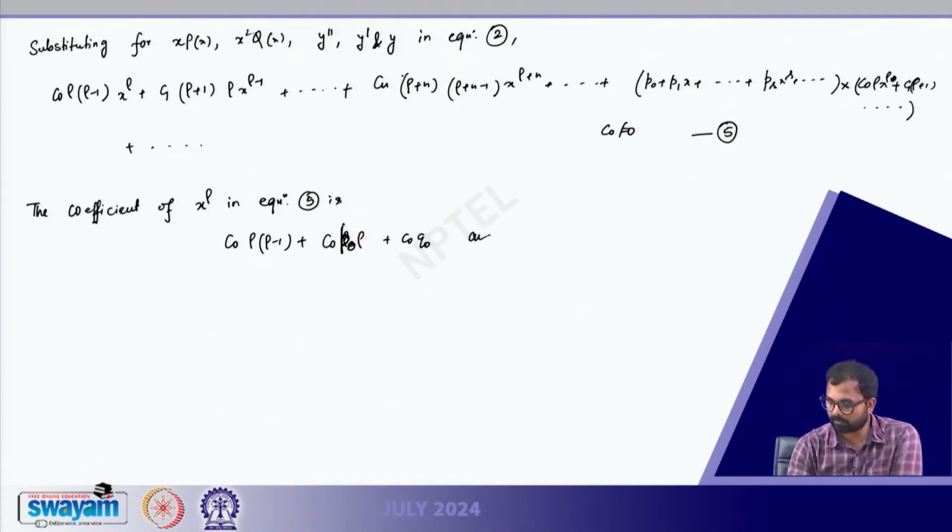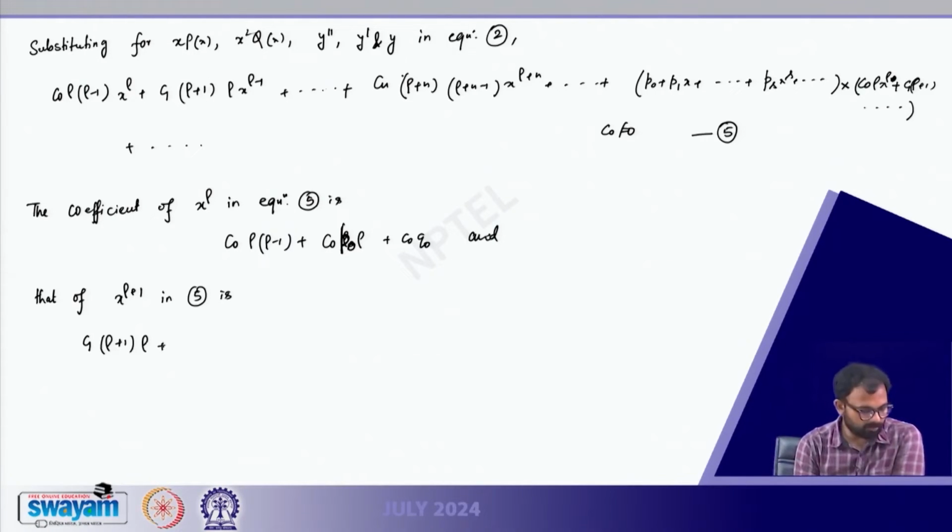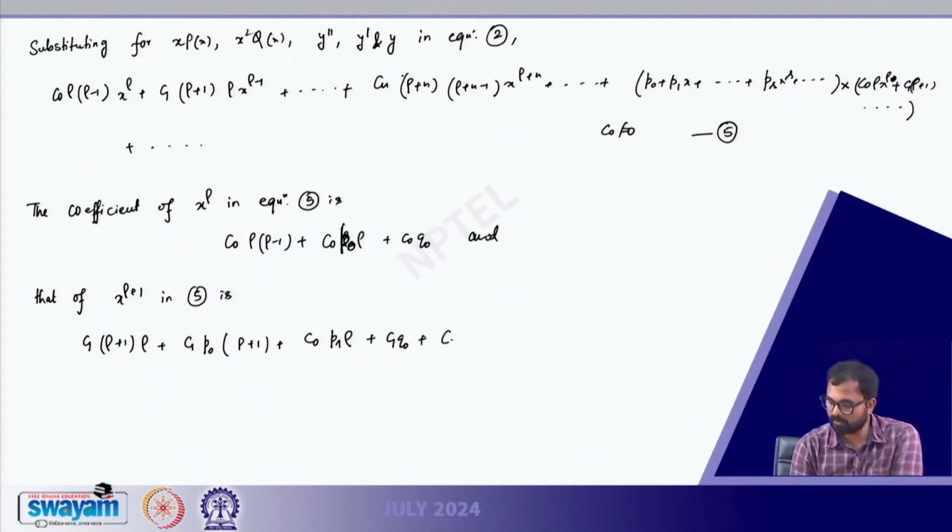And that of x to the power rho plus 1 in 5 is C1 into rho plus 1 into rho, plus C1 P0 into rho plus 1, plus C0 P1 into rho, plus C1 Q0 plus C0 Q1.